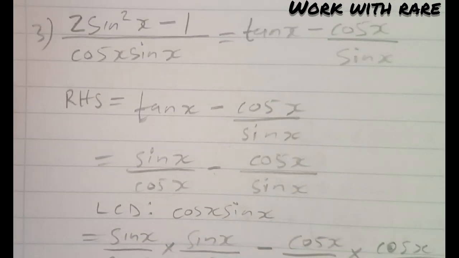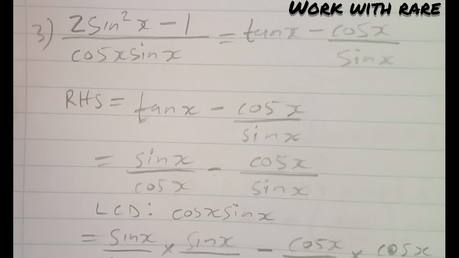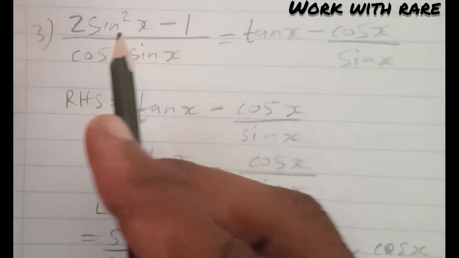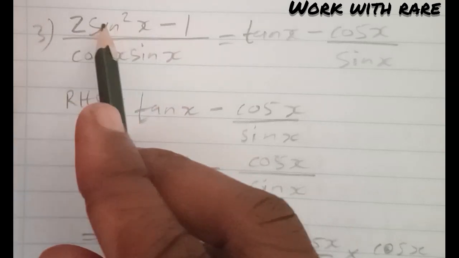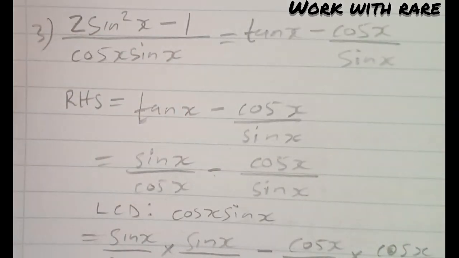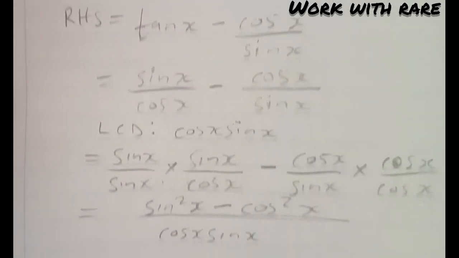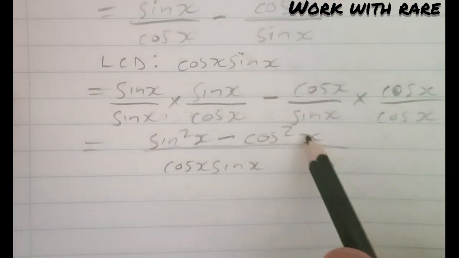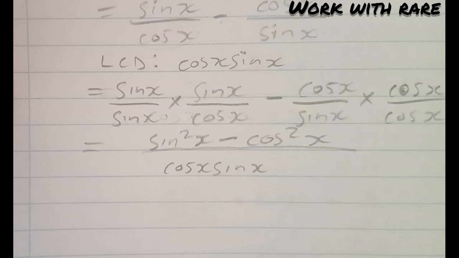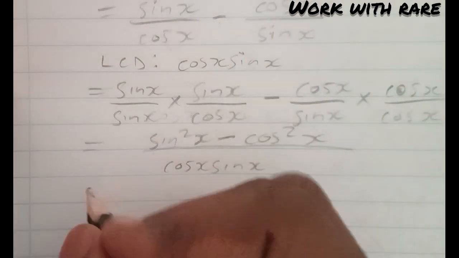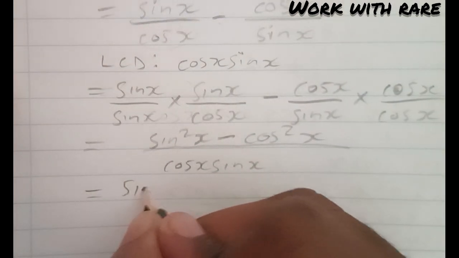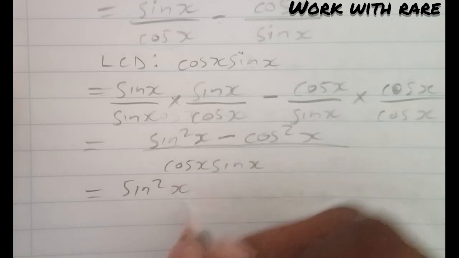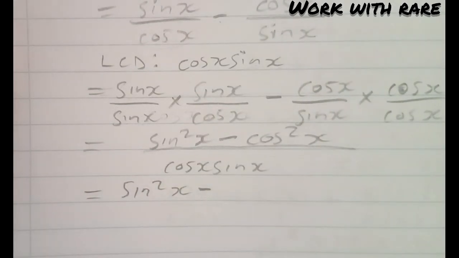My left hand side has only sine on the numerator, no cos. So I have to break this cos to have sine. Now I have sine squared x minus cos squared x.